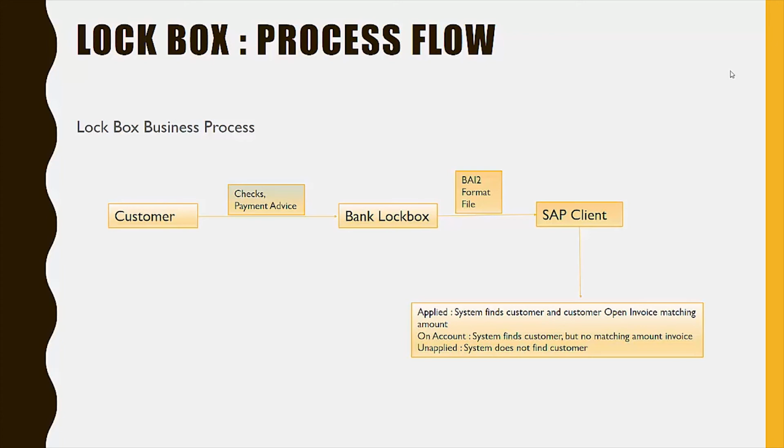Further, customer open invoices for which payments have been made are also automatically cleared by the program. So this saves time. This reduces the labor involved in manual clearing of the checks.